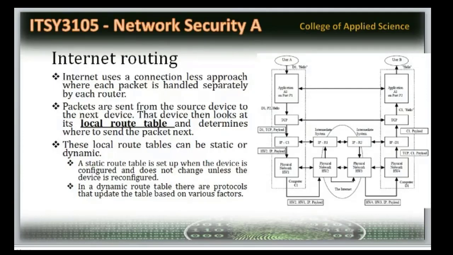Okay, you can see the chat box now. Show IP route. Very good, somebody gave the answer. So if you type this command, your router will display the routing table.